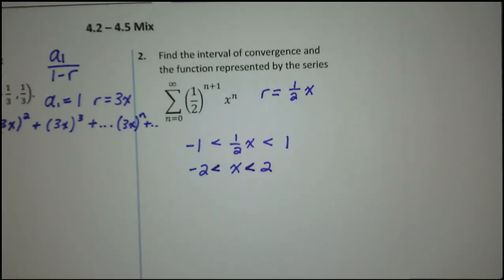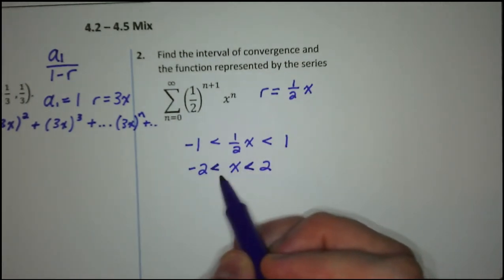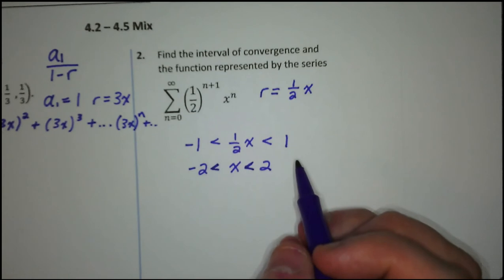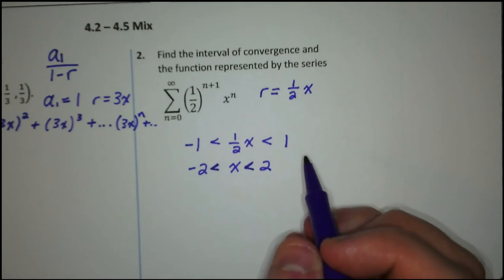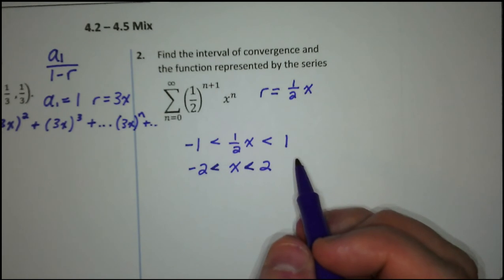So as I was saying a minute ago, it occurs to me that with the ratio test, this is what you have for converging absolutely. And then when you check the endpoints, that's maybe checking for conditional convergence.